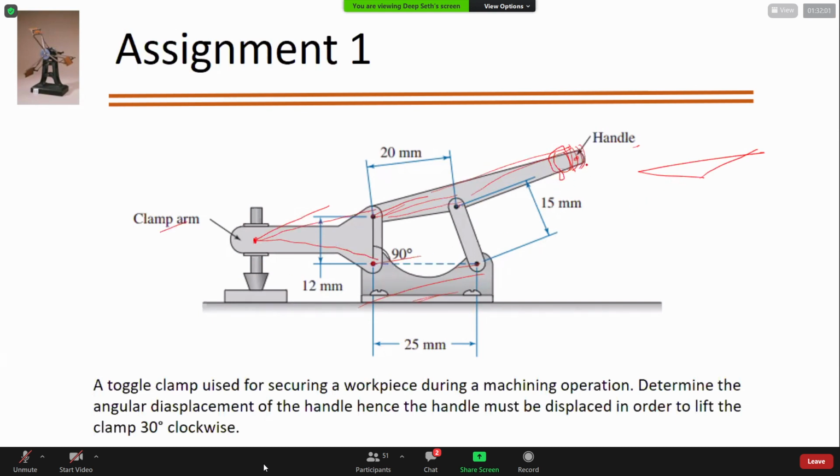When you push something at this end, you will get motion over here. So that's the working: here you have your input, and here you get the output in terms of another motion.